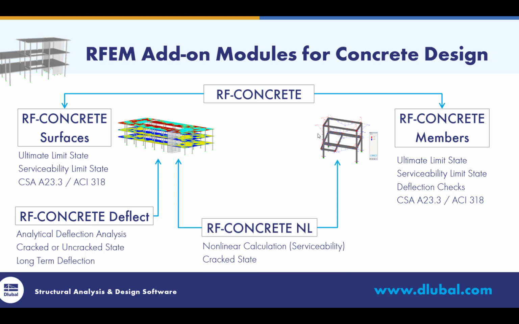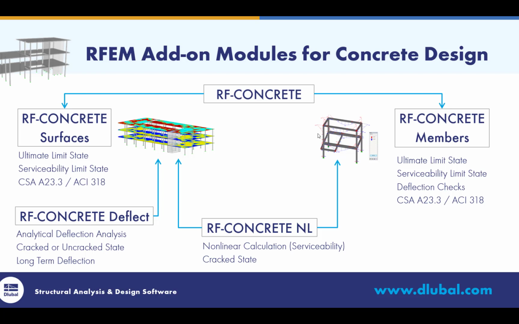The final add-on module extension is RF Concrete Nonlinear. This we will not be covering today, but this allows us to do a nonlinear calculation for the serviceability limit state only. So this takes into consideration the true crack state of either our section or our surface.